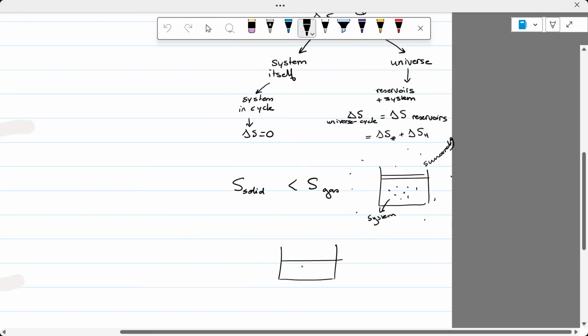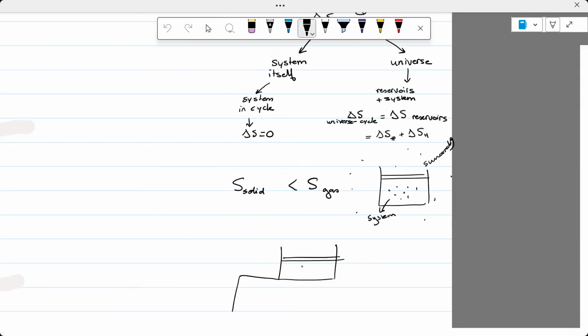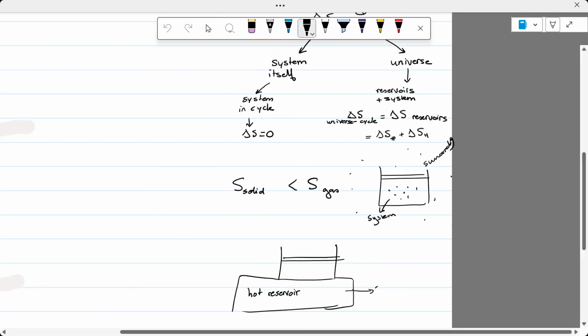Sometimes the surrounding is a hot reservoir that is below the system. This is a surrounding. It's going to be giving heat, for example, into the system.